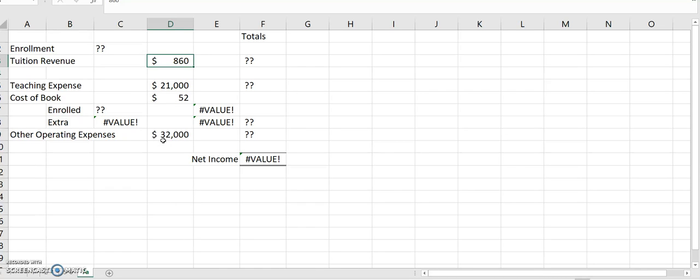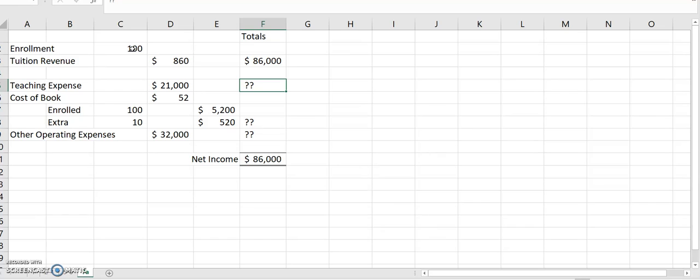So the first item that we wanted to look at was, what if we have 100 students enroll? What does that mean? That means that we're going to have $860 for each of those students.